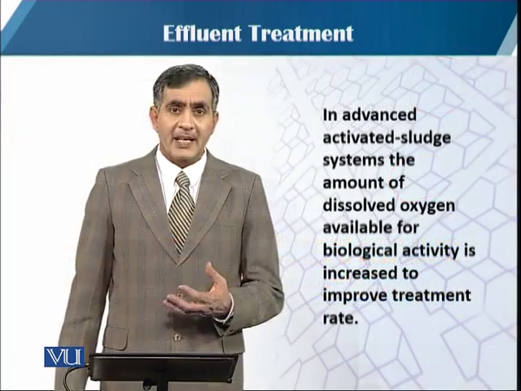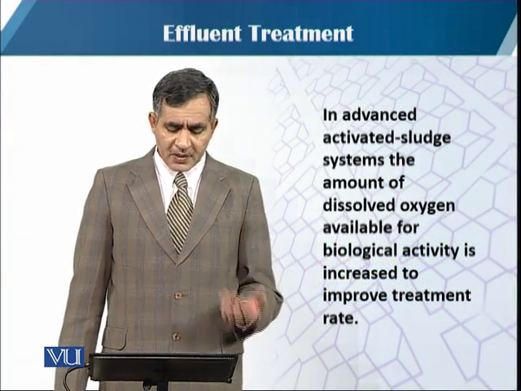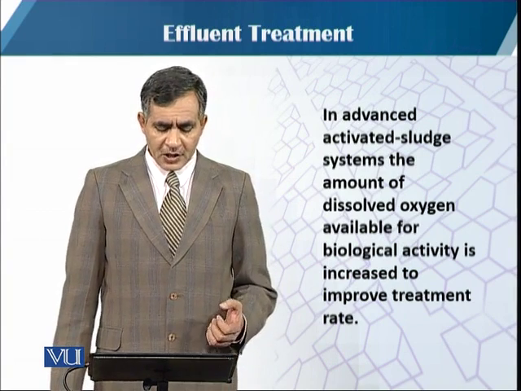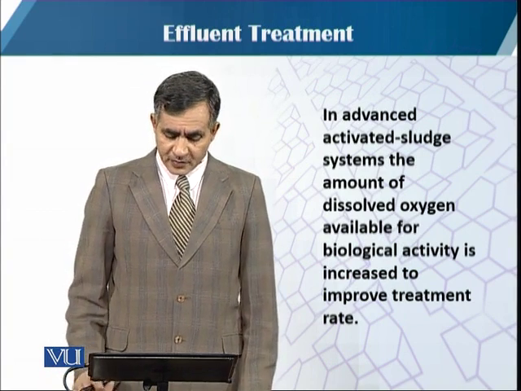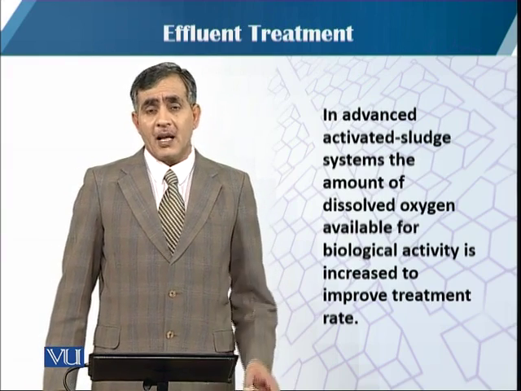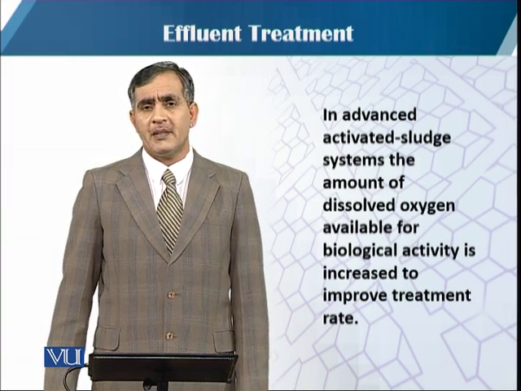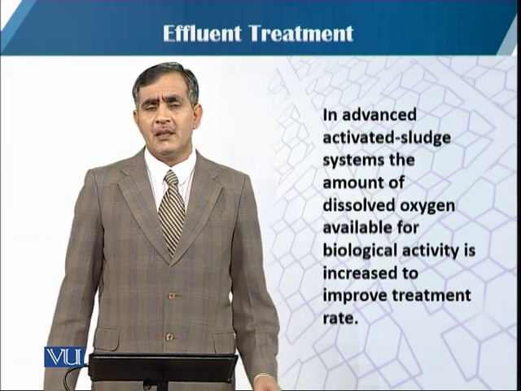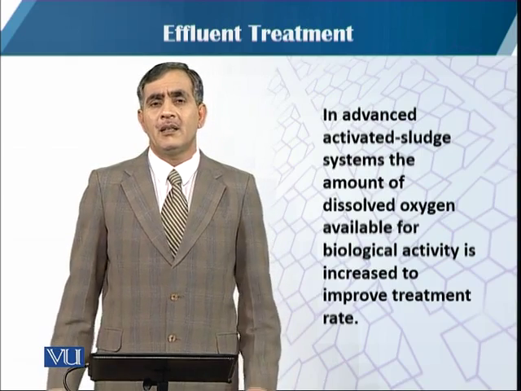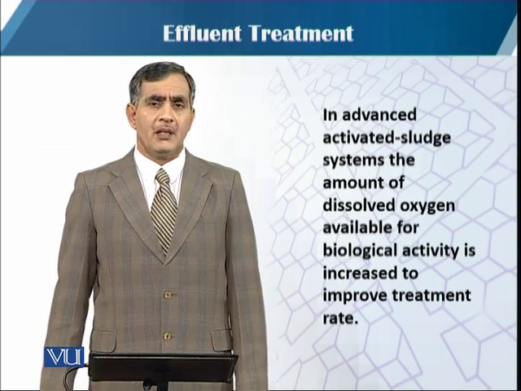In an advanced activated sludge treatment plant, the amount of dissolved oxygen available for biological activity is increased to improve the treatment rate. So the activated sludge treatment is actually a biological treatment, and the activated sludge is basically the microorganisms that are very active in conditioning the effluent.